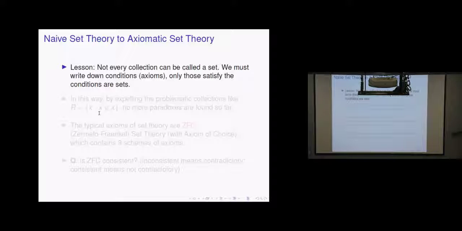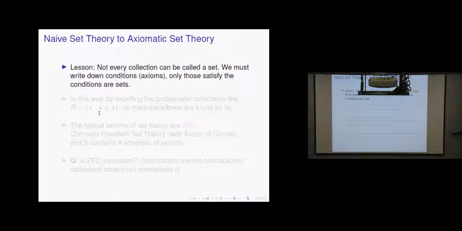We must add some conditions. Only certain collections can be called a set, and those bad things we do not admit into our system. So we must write down some conditions in the form of axioms. Only those collections which satisfy the axioms we allow to be sets.